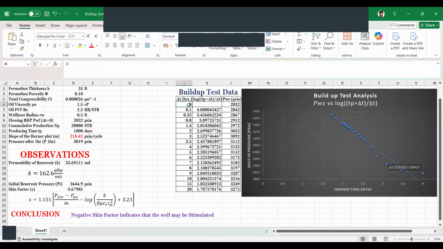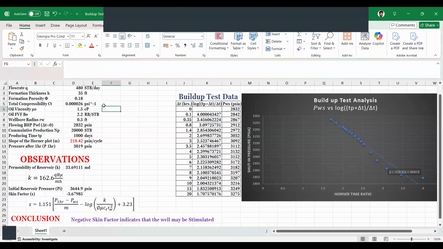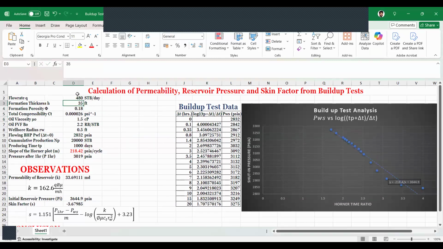Delta T is given to us as 0, 0.1, 0.35, 0.8, 1.4 till 20. So 20 is the build-up test data given to us. From where we know the formation thickness is 35 feet. Flow rate before the build-up has started is 480 STB per day.